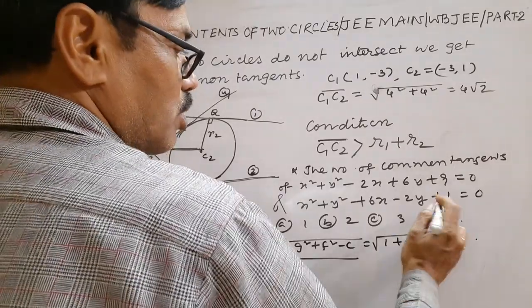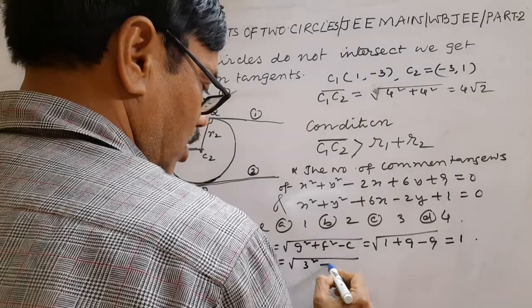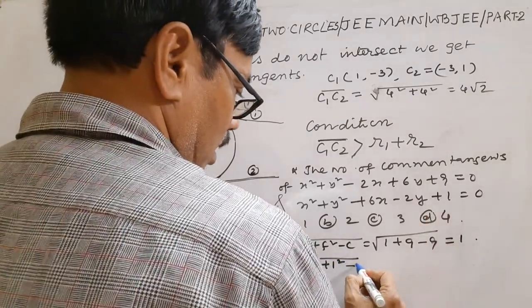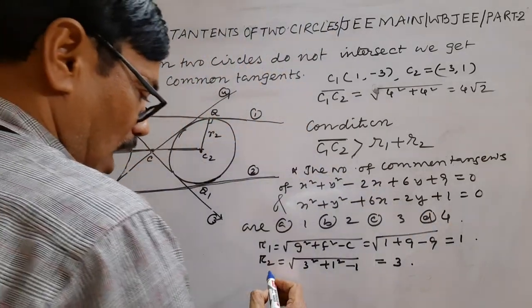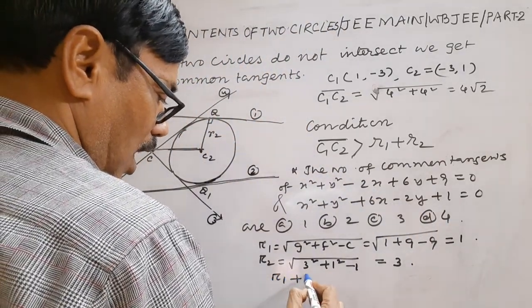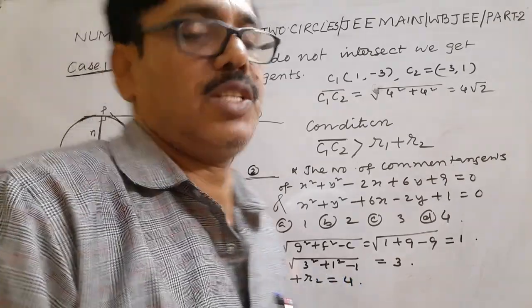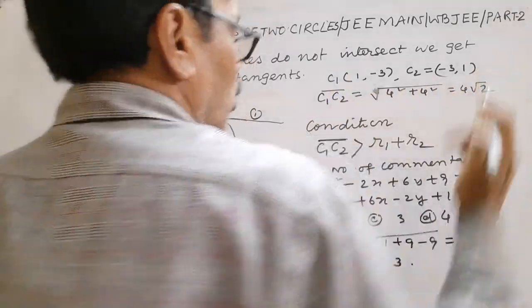It is root of g square plus f square minus c, that is 3 square plus 1 square minus 1. So this one is 3. So what is R1 plus R2? R1 plus R2 is 3 plus 1, which is 4. And C1C2 is 4 root 2.